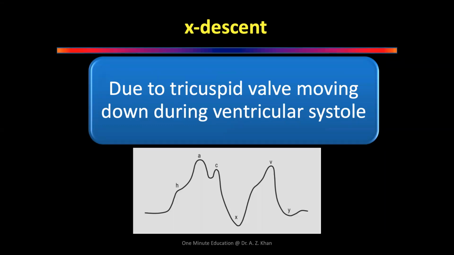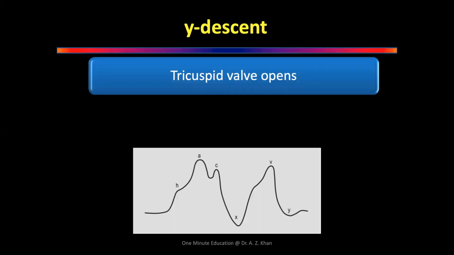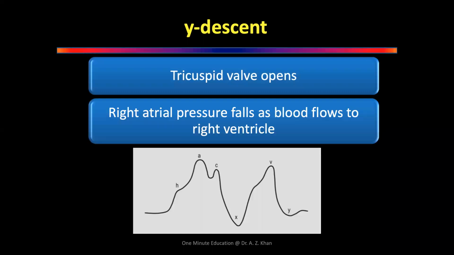Once the isovolumetric contraction has happened and the pulmonary valve is opened, blood flows into the pulmonary artery. As a result of this flow, the tricuspid valve is pulled down into the right ventricle, and that causes a negative pressure in the right atrium, represented by the X descent. And the Y descent is because the tricuspid valve opens. The right atrial pressure falls as the blood flows towards the right ventricle. Did this make sense?